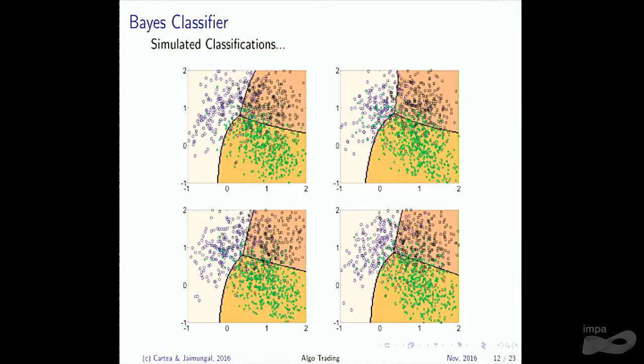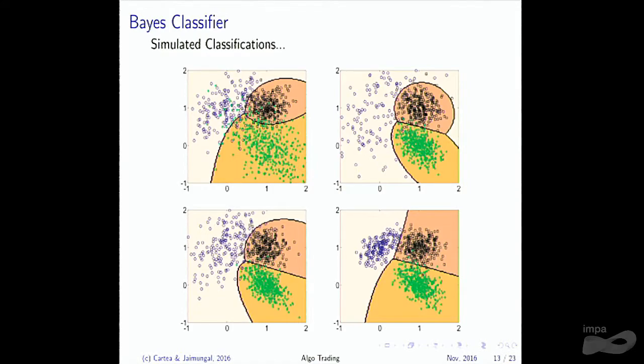This is to illustrate that the boundaries are not always the same, even if the same data generating process is there, but they're approximately the same. And it gives you some reasonable slices between the data. So you can see the green and the blue and the black are reasonably separated by those boundaries, similarly in each one of those different simulations.